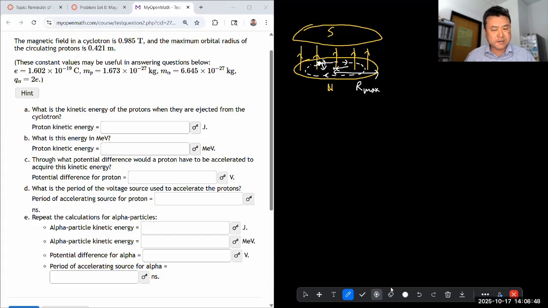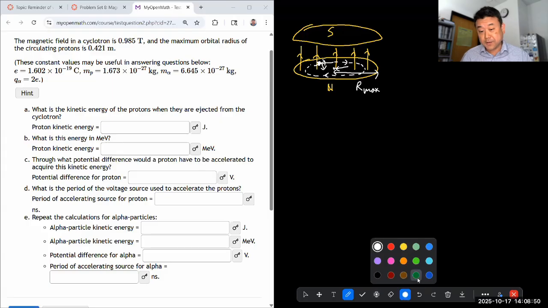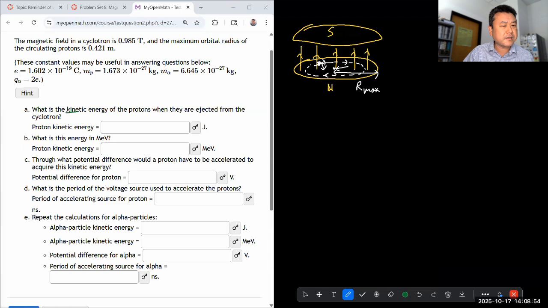And reading this, unless you've read about cyclotrons in the textbook, you might be wondering, kinetic energy, it's not like a voltage difference accelerating the charged particle through an electric potential difference. What does kinetic energy have to do with it here?